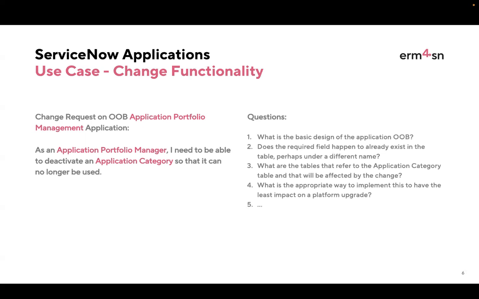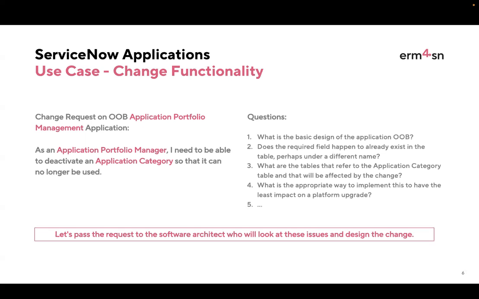And there might be other interesting questions which people have when they get this kind of requirement. But we could just now hand over this to the software architect. Software architect should look at these points and then design the change.